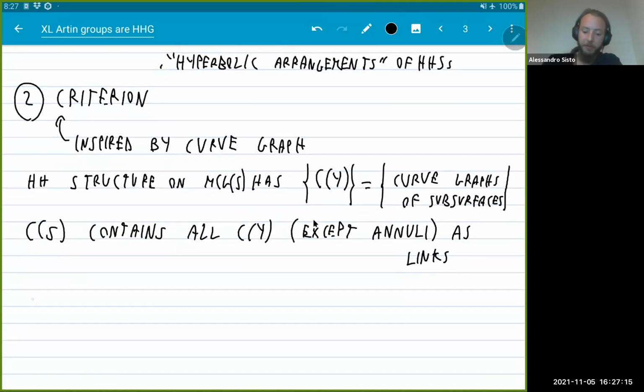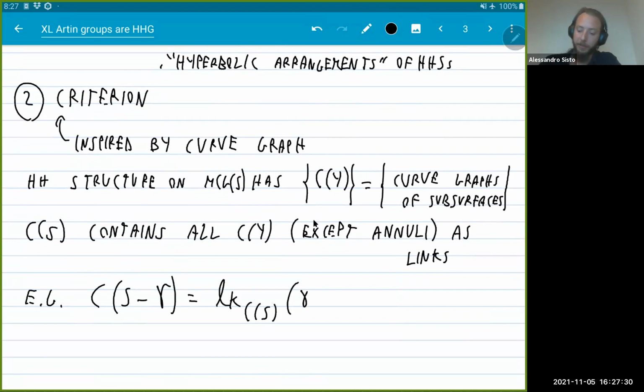So for example, the curve graph of a surface minus a curve is the link in the curve graph of S of that curve, or the vertex representing that curve.